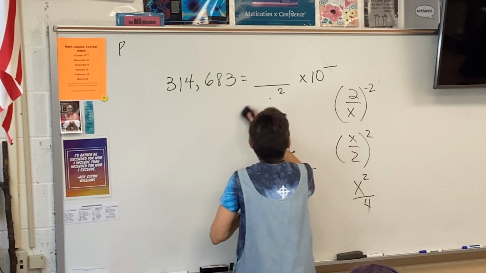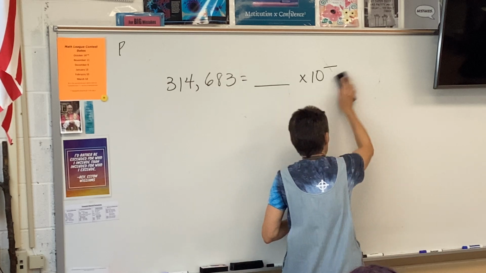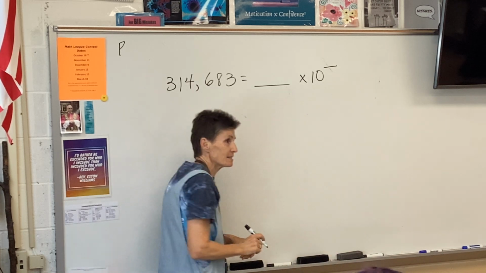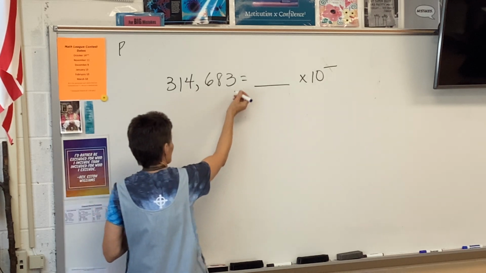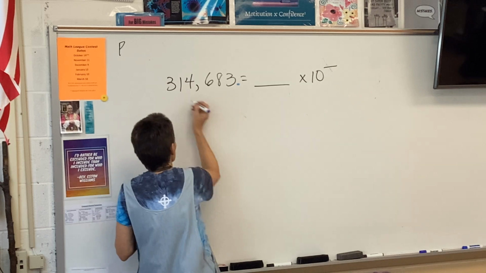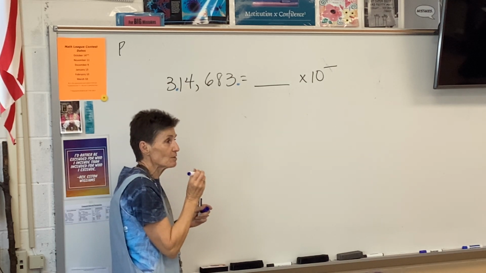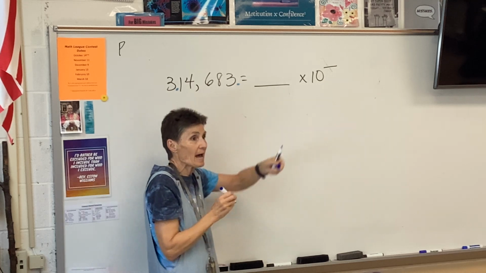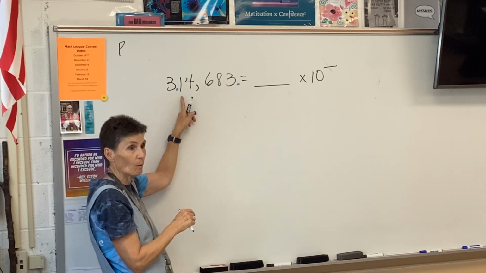Now, it's very, very simple. To find the something, you move the decimal point. In this problem, that's the decimal point right there. You move it till it gets to here. When you write your something here, it has to be one number in front of the decimal point.